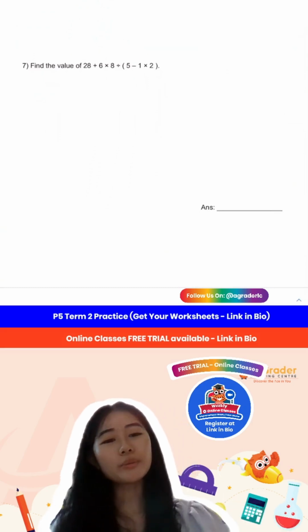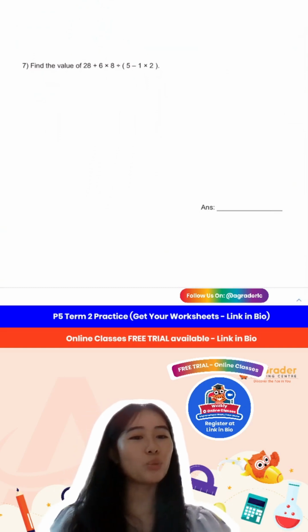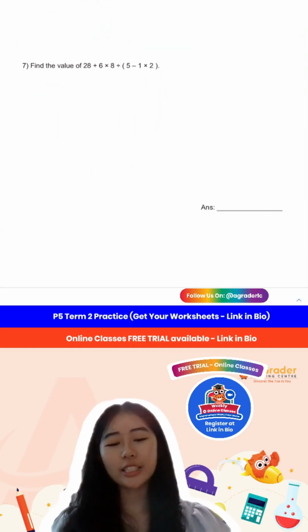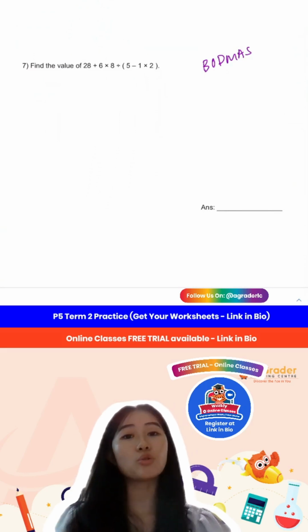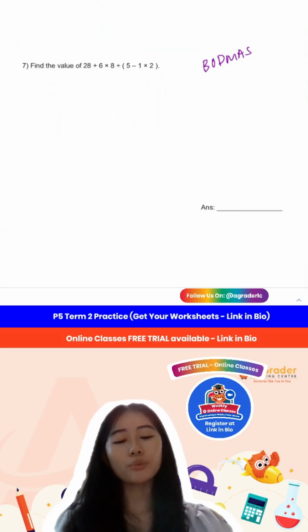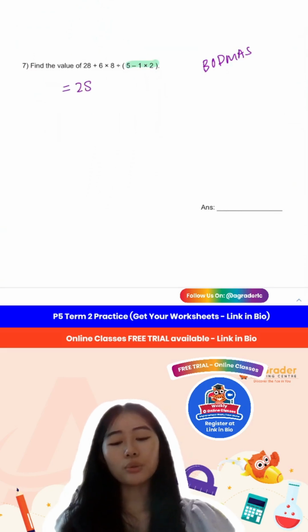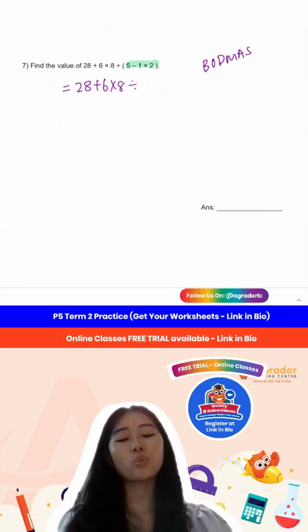Right, let's go through and then we will see which of you got it right. So for your 4 order of operations question, you know you have to follow your acronym BODMAS, right? You should have learned this in school. We're going to start with B for bracket. So within your bracket, you have 5 minus 1 times 2.